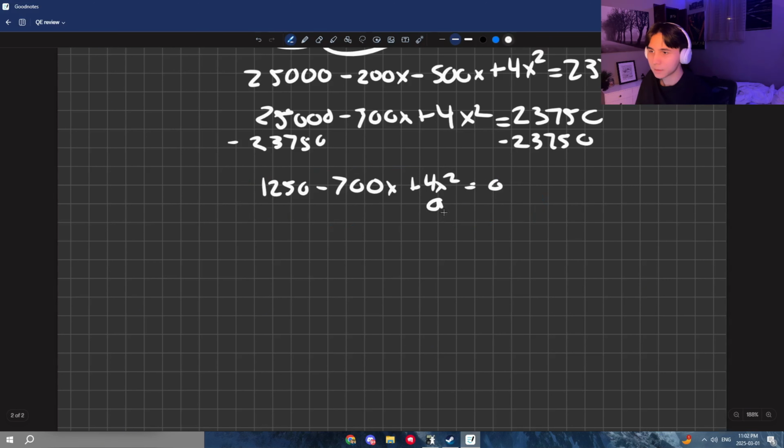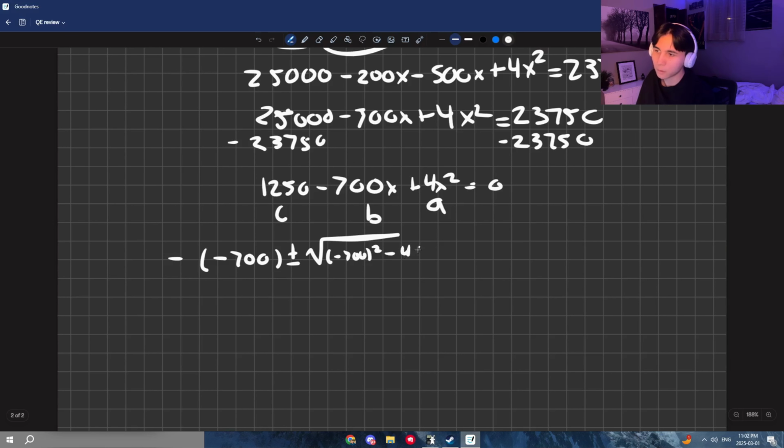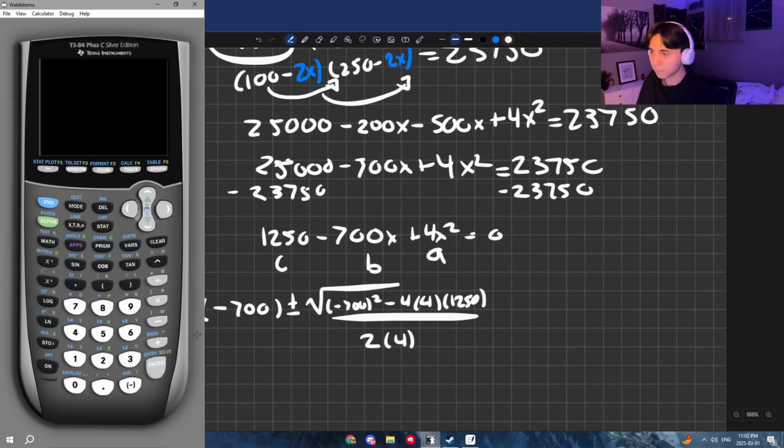So I'm going to label this A, this B, and this C. And we have negative (-700) plus or minus the square root of negative 700 squared minus 4 times 4 times 1250, all over 2 times our A value, which is going to be 4. So now you can plug this all in your calculator.